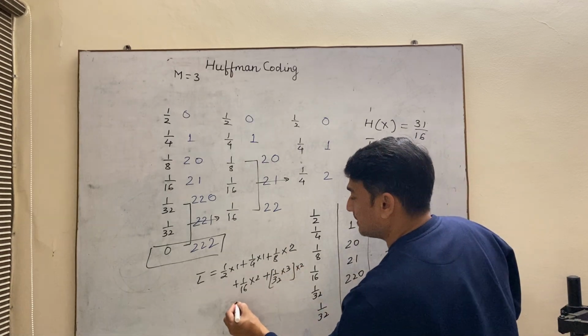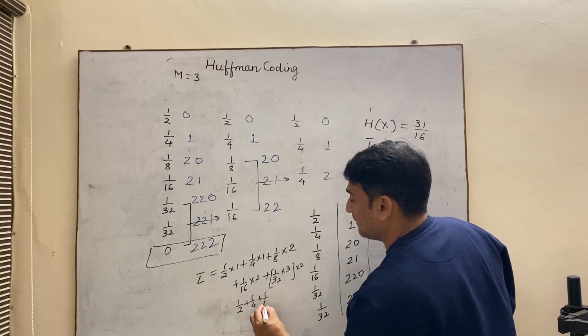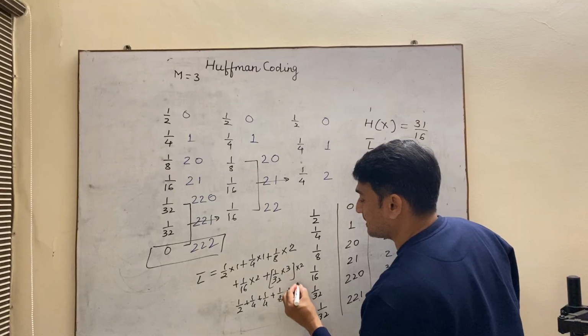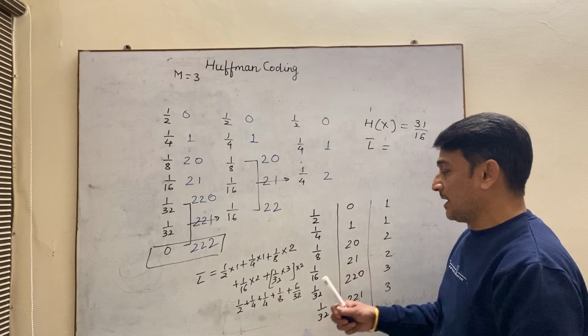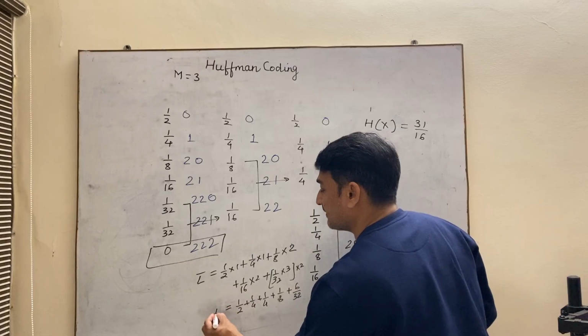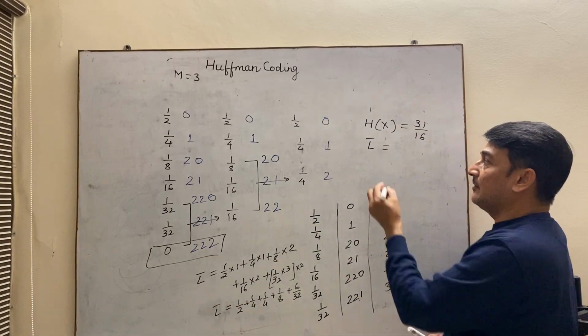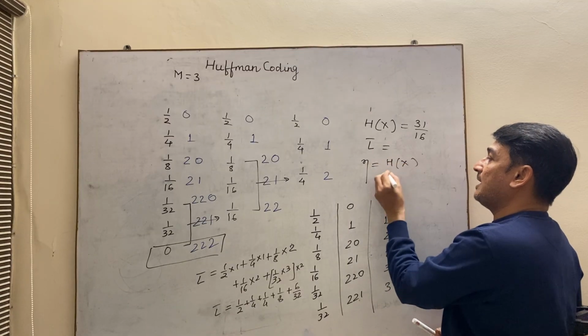So that is 1/2 plus 1/4 plus 1/4 plus 1/8 plus 6/32. So you can calculate the L bar, and then the final efficiency eta would be Hx upon L bar log m.